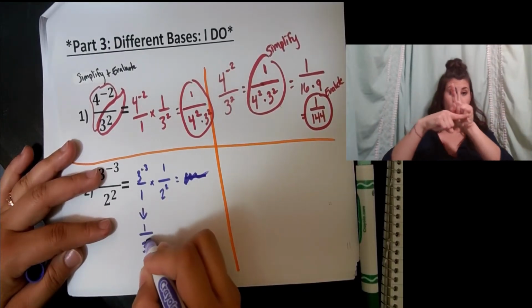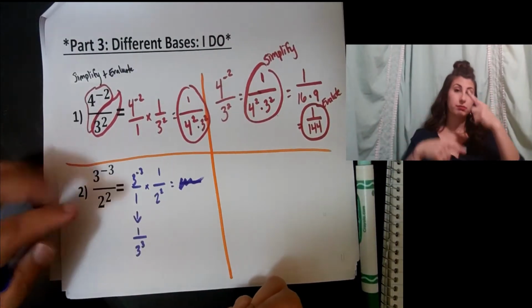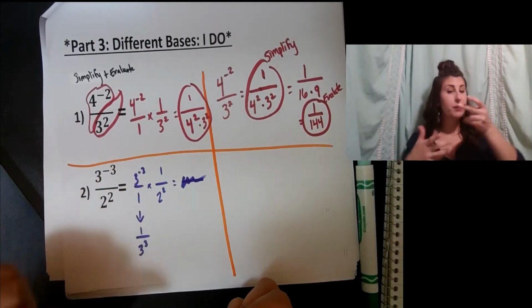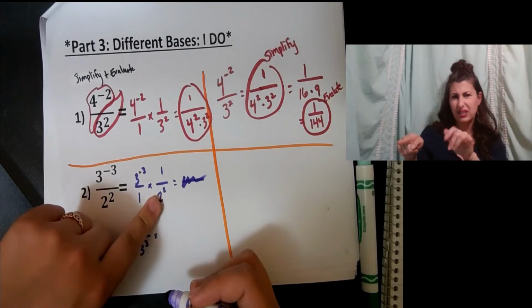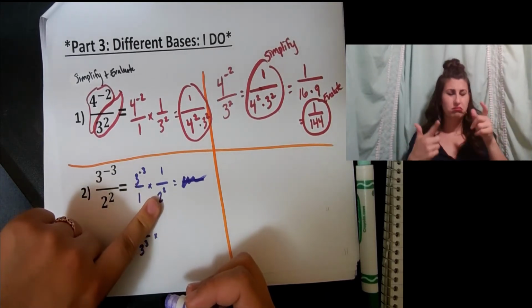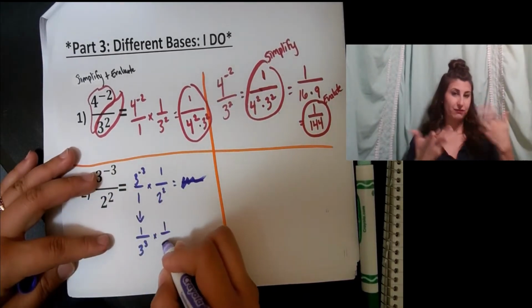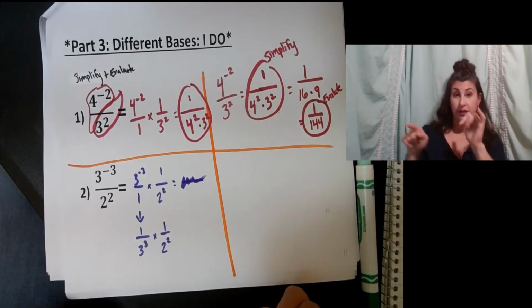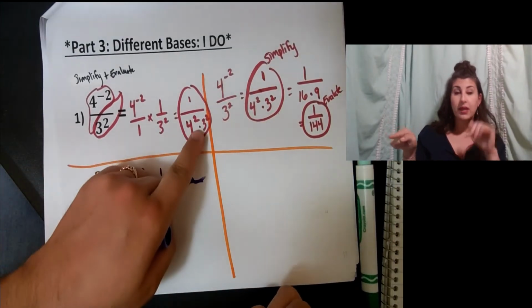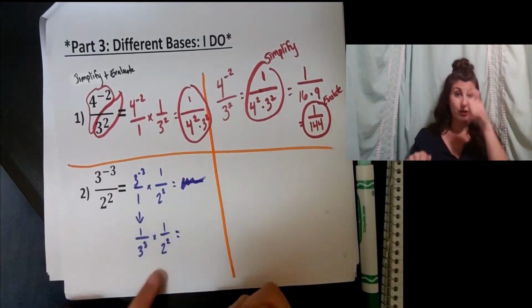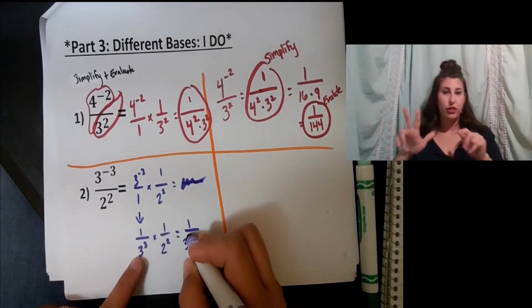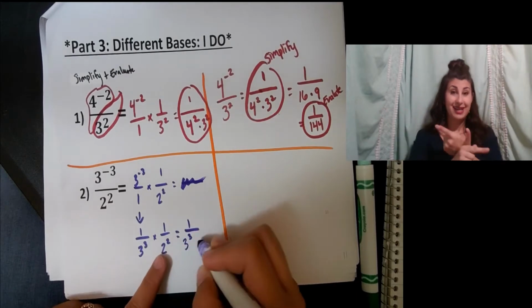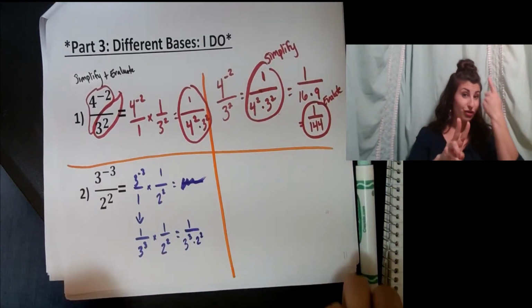1 over 3 cubed, because once I flip it, it turns into a positive, times, is this going to stay down here or is it going to flip? It's going to stay because it's a positive exponent. So then it looks like this. That is why I can multiply, because this is what's really happening. 1 times 1 is 1. 3 cubed times 2 squared looks like that.